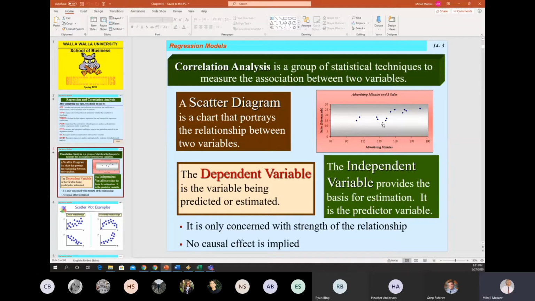The chart is not a real chart, but just dots, the points representing each coordinate or each observation, an observation of sales for a given level of advertising minutes. The goal is to identify a pattern that could represent the relationship between these two variables.